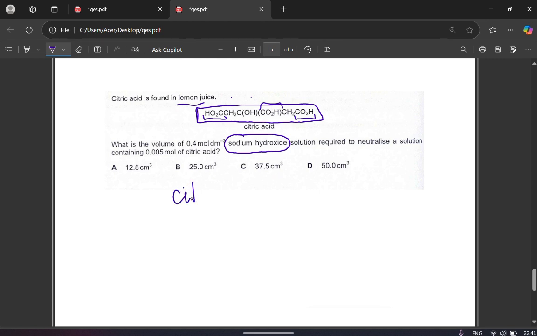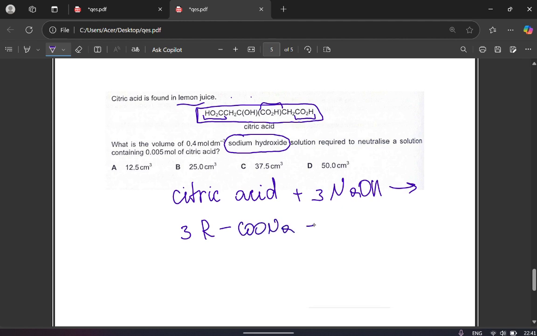Although it's very difficult to write a complete balanced equation for this one, we can just simplify it and have it look like this. Note the rest of the molecule is R. So this is our balanced equation. This is our organic salt. This is water.